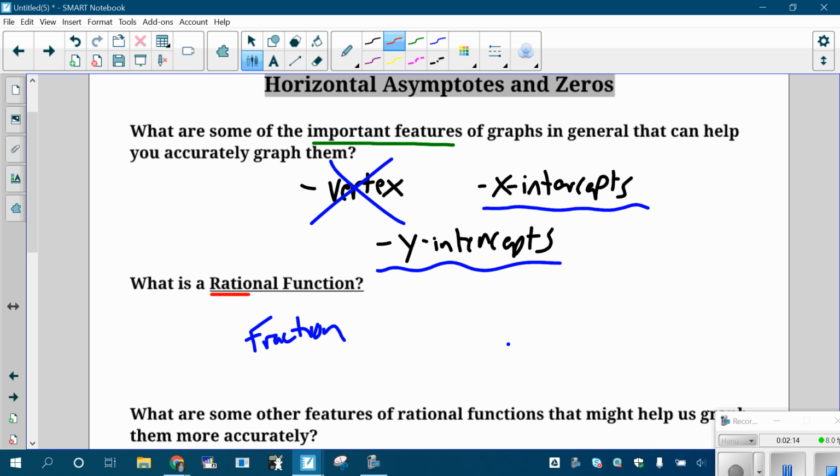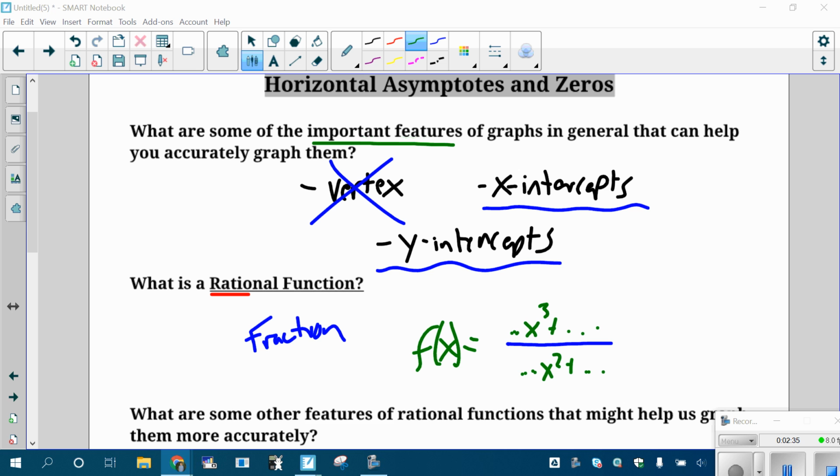So anytime you come to a function and they say, hey, f of x is a big old fraction. It's got stuff on top with x's and squareds and cubes and blah, blah, blah. And it's got stuff on bottom with x's and squareds and cubes and blah, blah, blah. That is a fraction function, which is a ratio function, which we call a rational function.